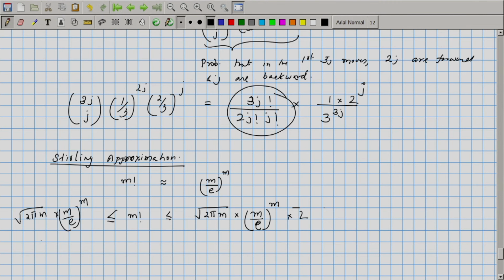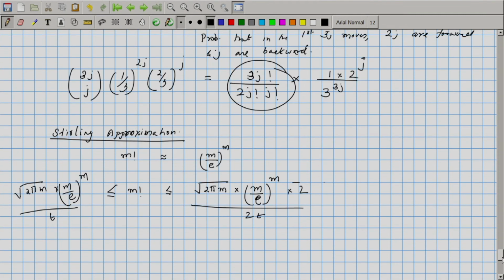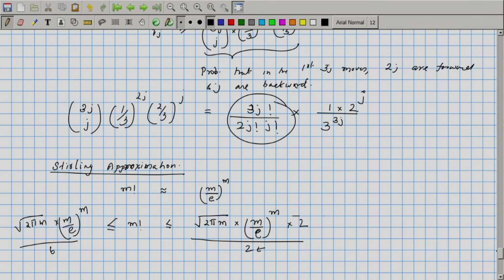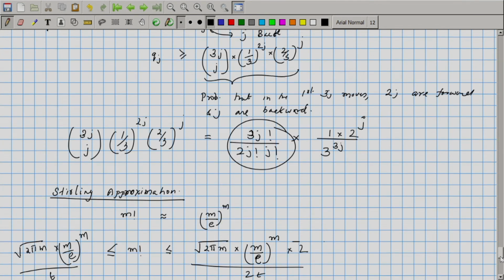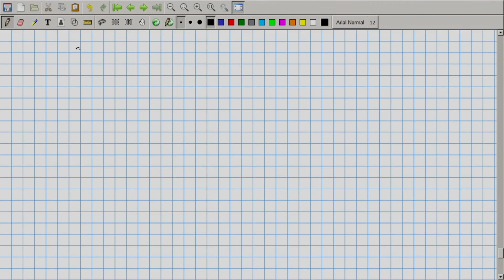Okay. So, it lies between these two numbers. If you think of this as t, this is 2t. So, m factorial lies between t and 2t, where t is this particular quantity. Okay. So, (3j)! divided by (2j)! times j! is what we want to compute, and we want to find a lower bound for that.